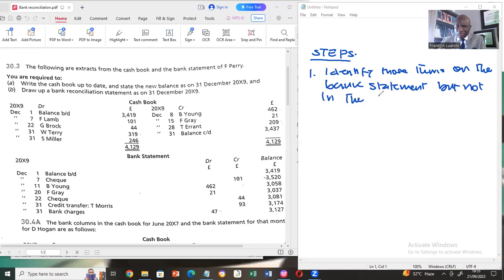Very important. So identify those items on the bank statement, but not in the cash book.